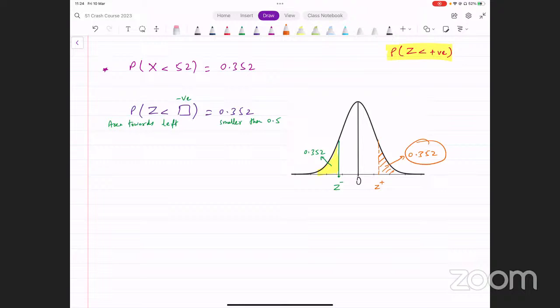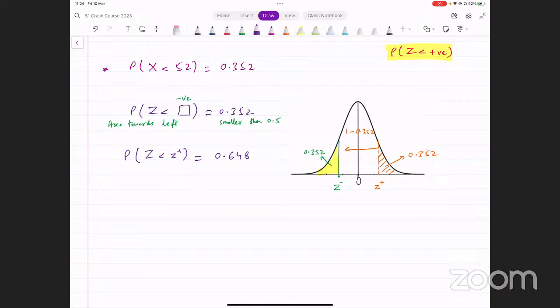So if this area is 0.352, we can say the area to the left of this value of z is going to be 1 minus 0.352. So we can write this probability as z less than the positive value of z, that is equal to 1 minus 0.352. And see what that turns out to be. This would give you 0.648.